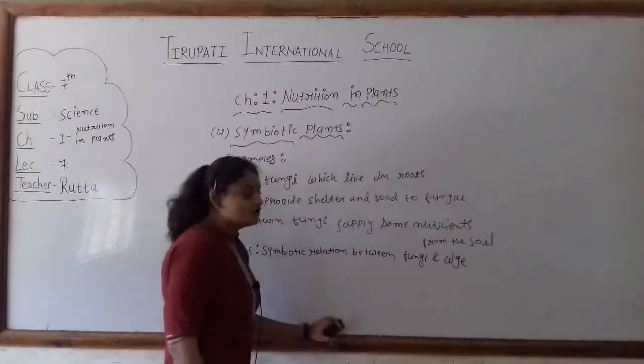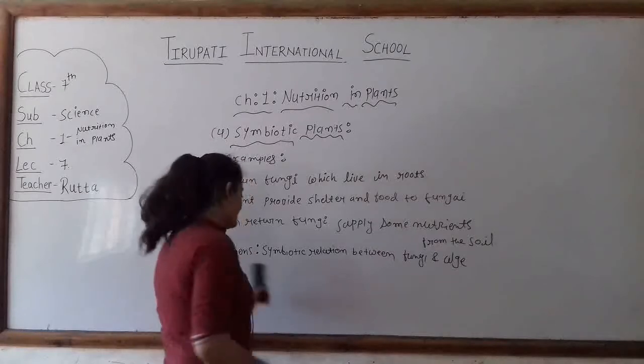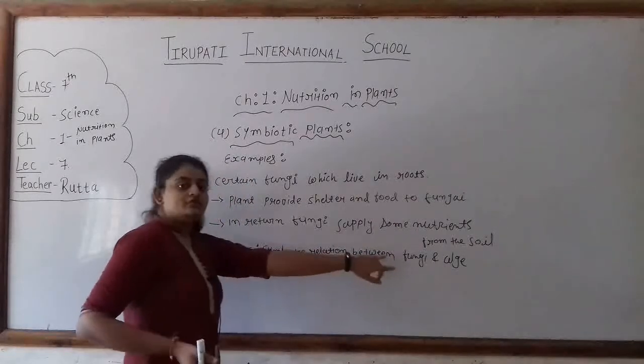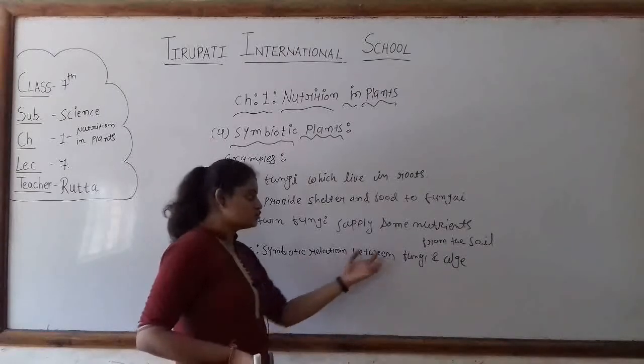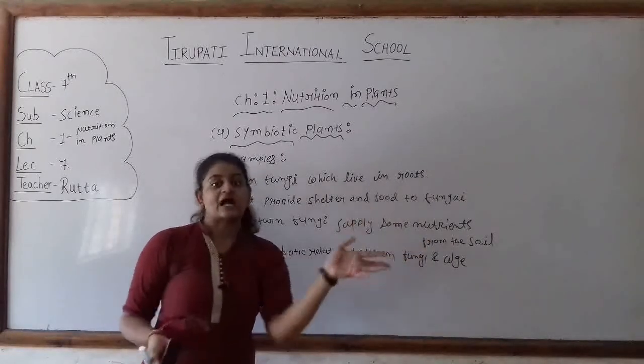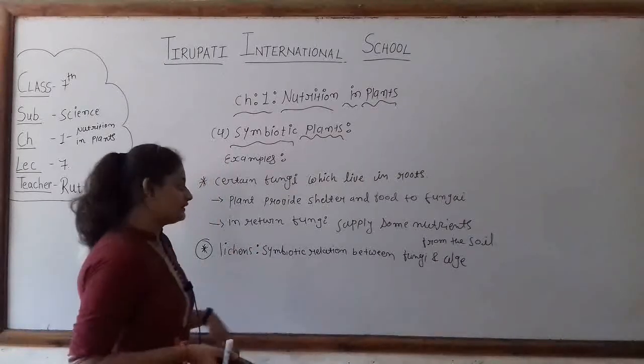Fungi and algae live in this symbiotic relationship, and this combined effect is known as lichen. When fungi and algae live with each other, they are known as lichens.